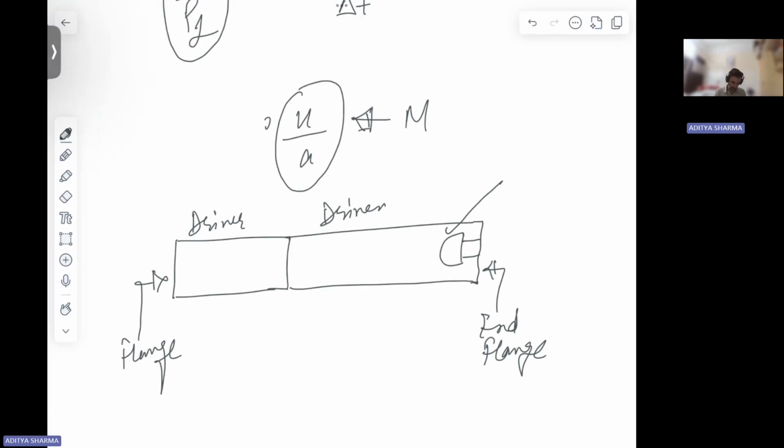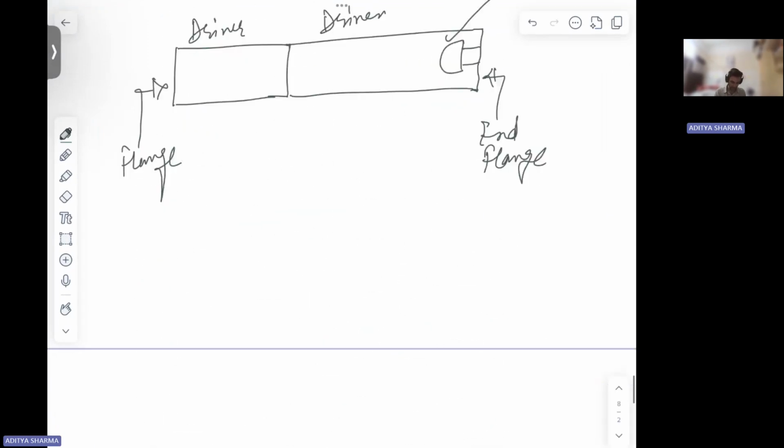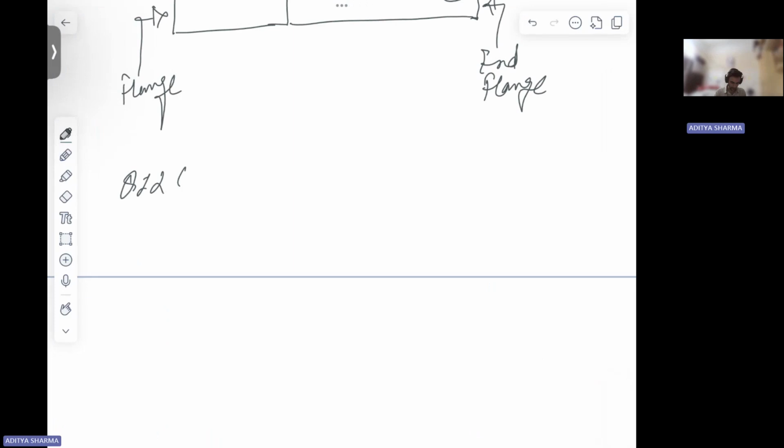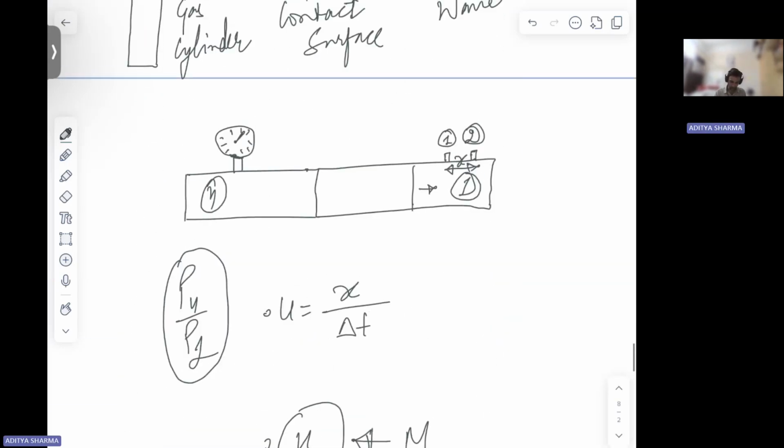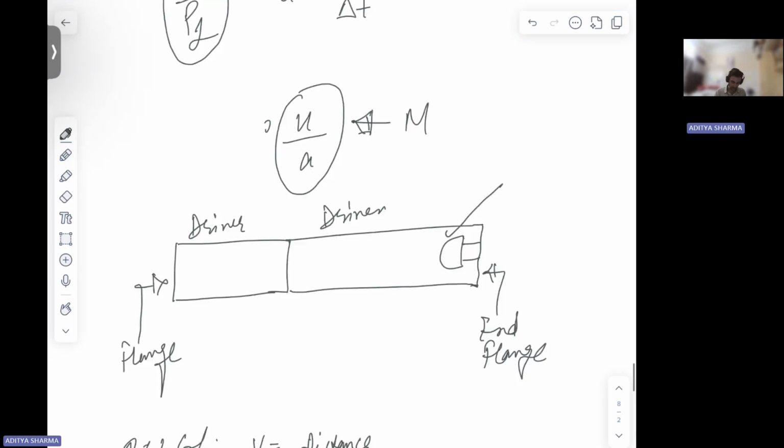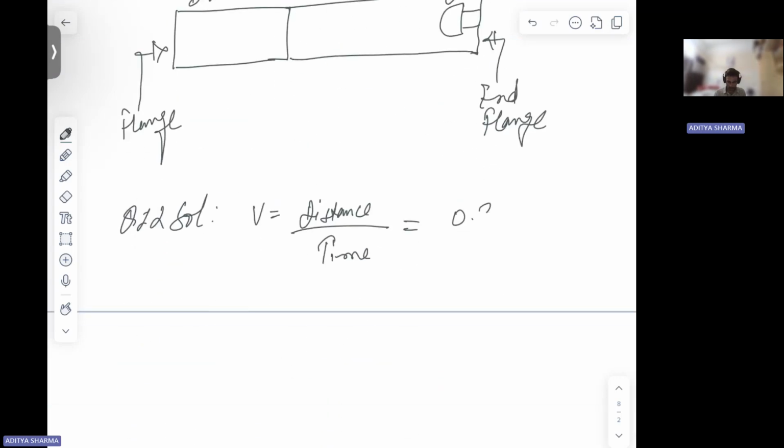So I've already explained how we can get Mach, right? Question number 12, solution. Velocity you can get as distance by time. Distance between two pressure sensors, if you see this figure, is 0.3, right?